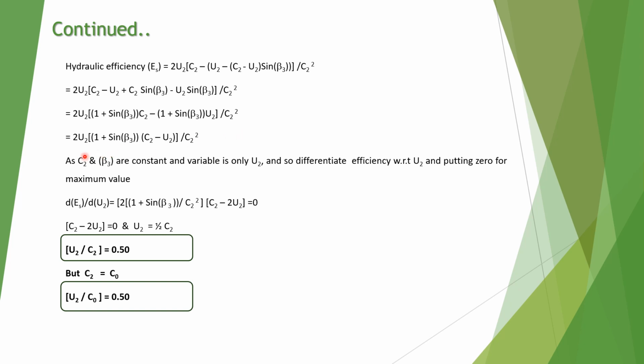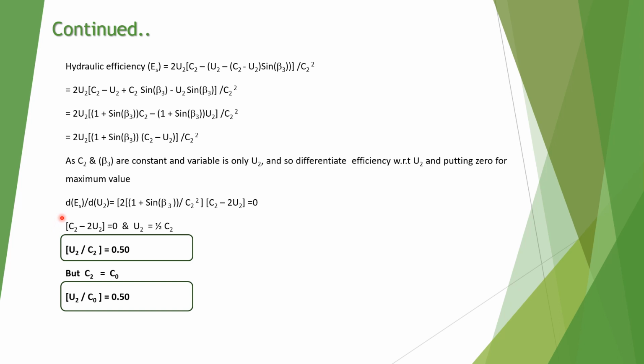So we can write 2 into U2 into (1 plus sine beta 3) into (C2 minus U2) upon C2 square. As C2 and beta 3 are constant and the variable is only U2, we differentiate efficiency with respect to U2 and put it equal to 0 for the maximum value.